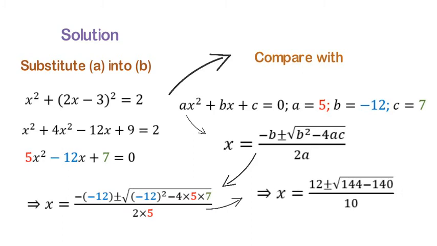We'll have that x is equal to 12 plus or minus the root of 144 minus 140 all over 10. We'll have x equal to 12 plus or minus the root of 4 divided by 10, which will give us x equal to 12 plus or minus 2 divided by 10.